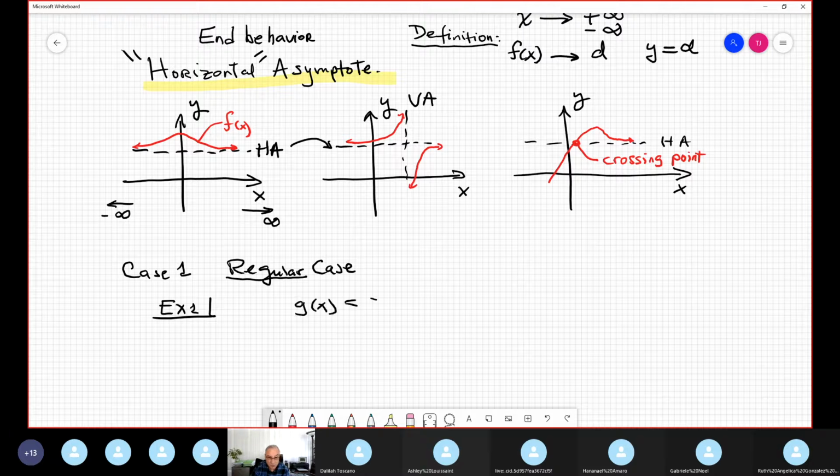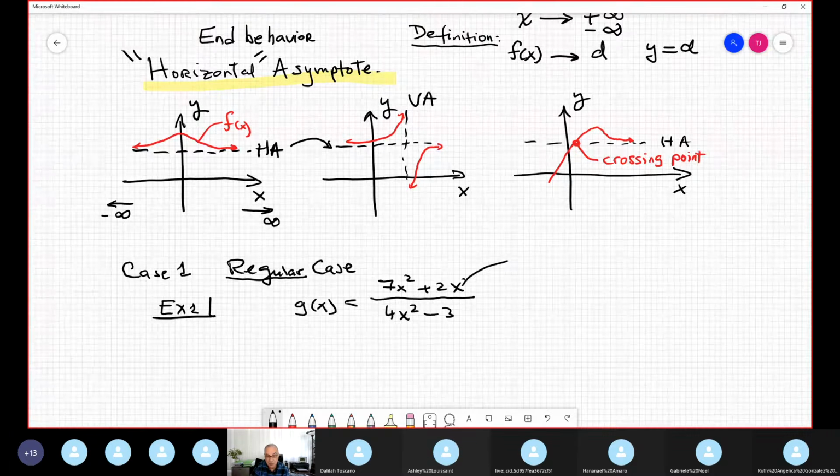Suppose the function g of x equals the polynomial in the top, 7x squared plus 2x, and the bottom is 4x squared minus 3. It is obvious that the degree of the polynomial in the top is 2, because the exponent is 2. This is the clue, right?